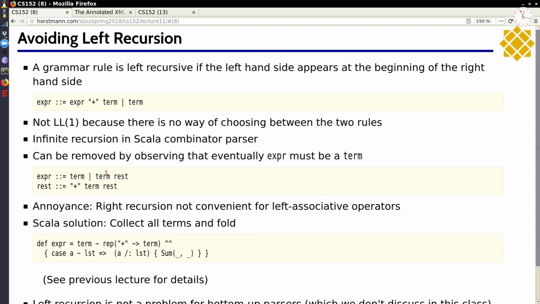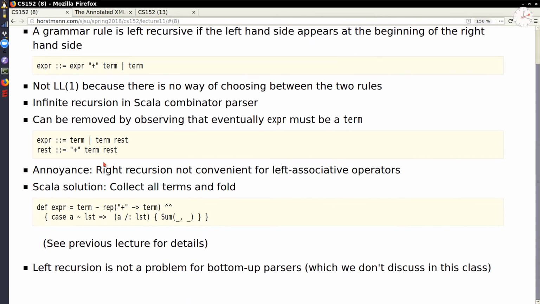So in this case here, the decision that needs to be made is once the first term is parsed, do I keep on going? And it'll keep on going if it sees more pluses, and it'll not keep on going if it doesn't see any more pluses. So we talked about this, that this works in Scala.